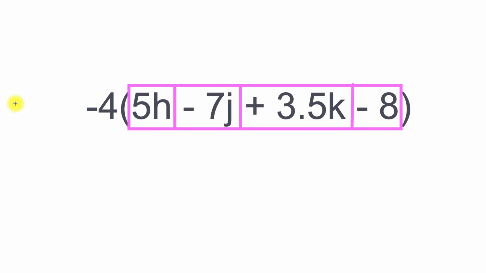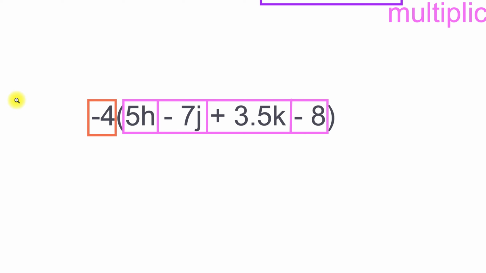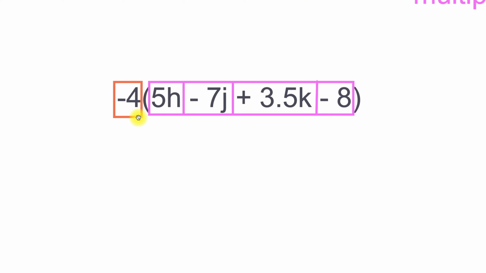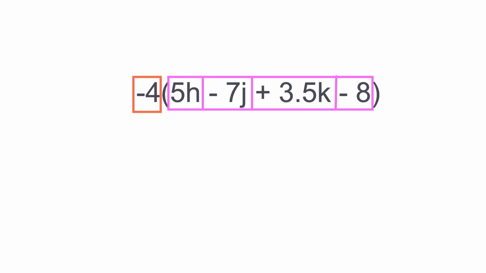And what we're going to do is distribute this negative 4. We're going to take it and distribute it, or multiply, remember we mentioned that before, each term inside by the term outside parentheses. I like to call that the touch term, okay?